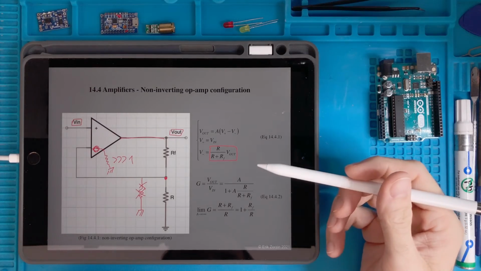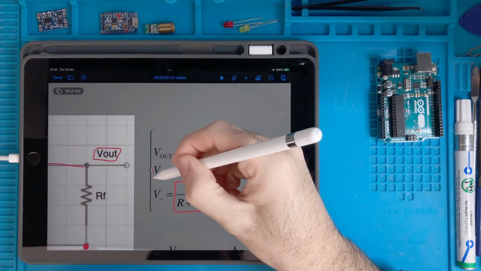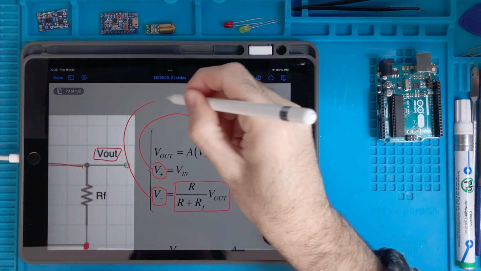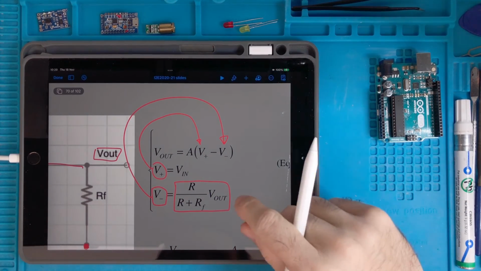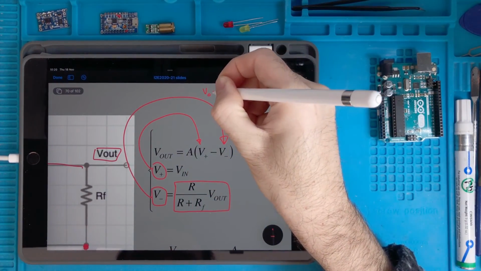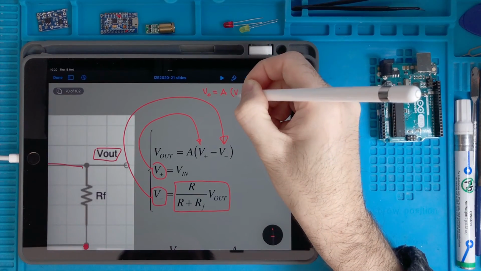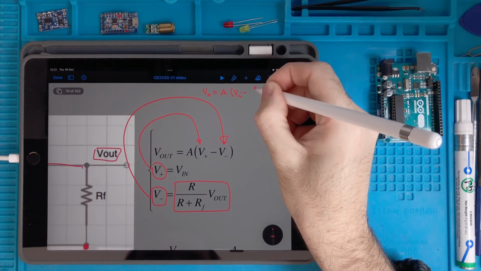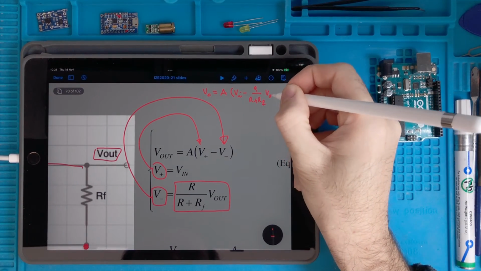Then we can substitute V plus into this and V minus into that. And we obtain an equation which is V out equals A multiplied by V in minus R over R plus RF V out.